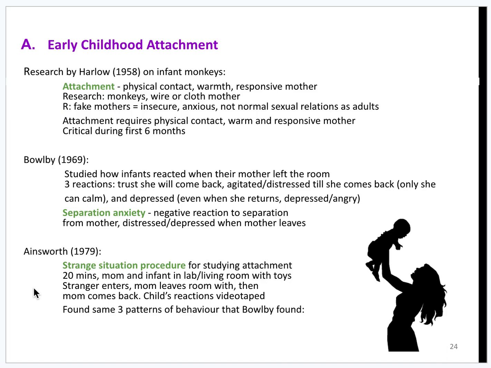So the infant's playing, and then a stranger enters the room and sits down. Shortly after, the mother leaves and they videotape the child's reaction to the mother leaving, and then how the child reacted when the mother came back. And they found the same 3 patterns of behavior that Bowlby found.